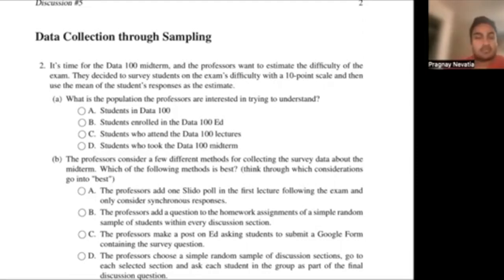Some people might have taken incompletes, or they might be missing due to health reasons or any other reasons. So A is not the right answer because not all students take the midterms, although more or less mostly all students take it. And for the same reasons, actually, A, B, and C are wrong.